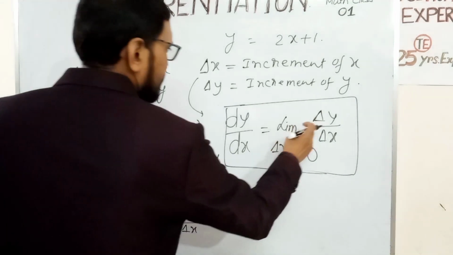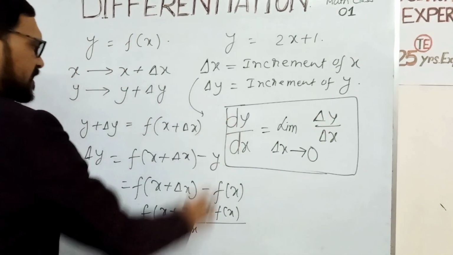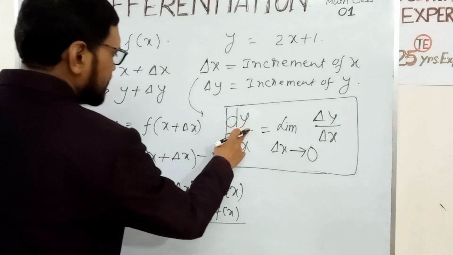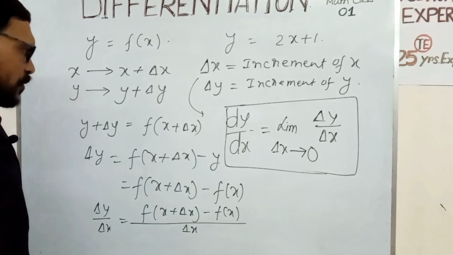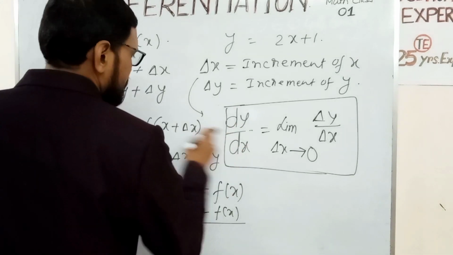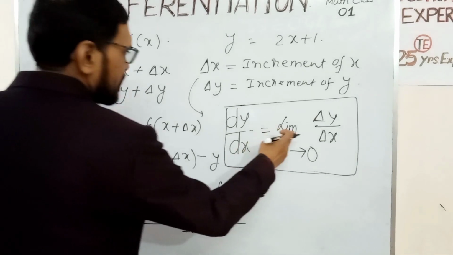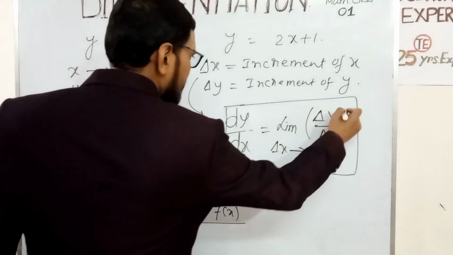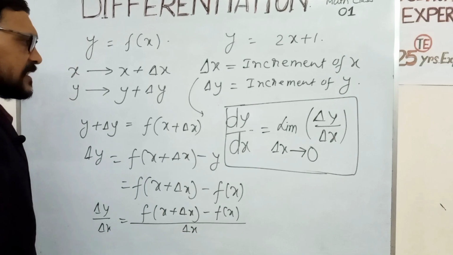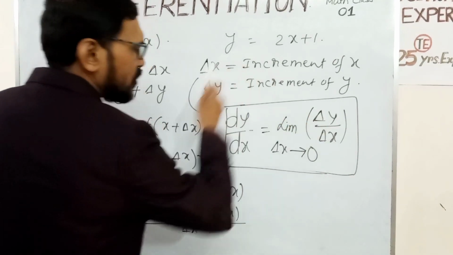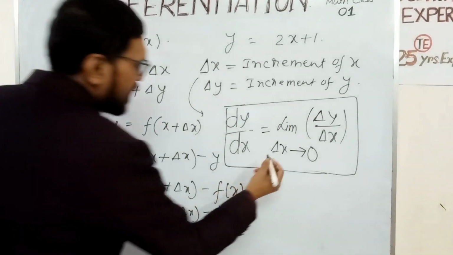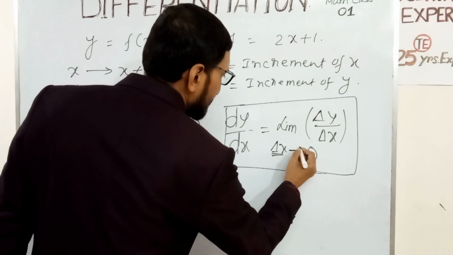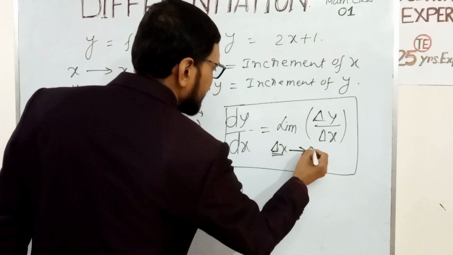So dy by dx is studied as the derivative of a function with respect to x. It is the ratio of the increment of y to the increment of x, with the condition that delta x tends to 0.